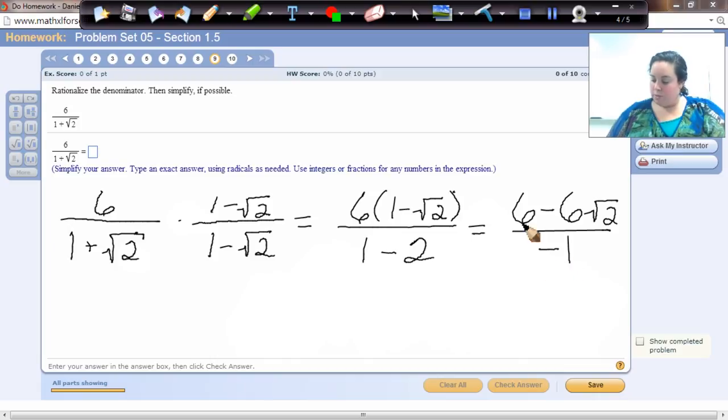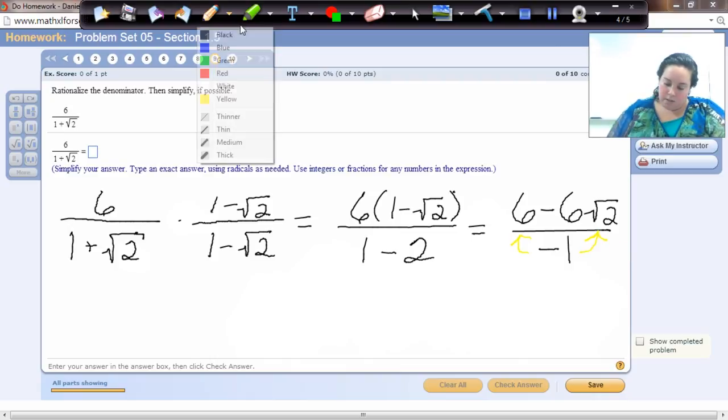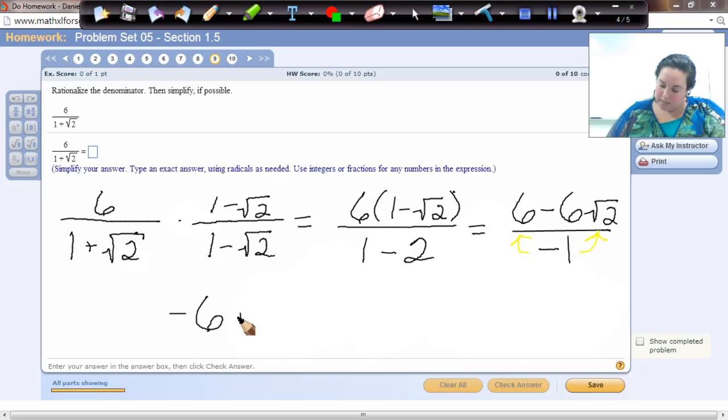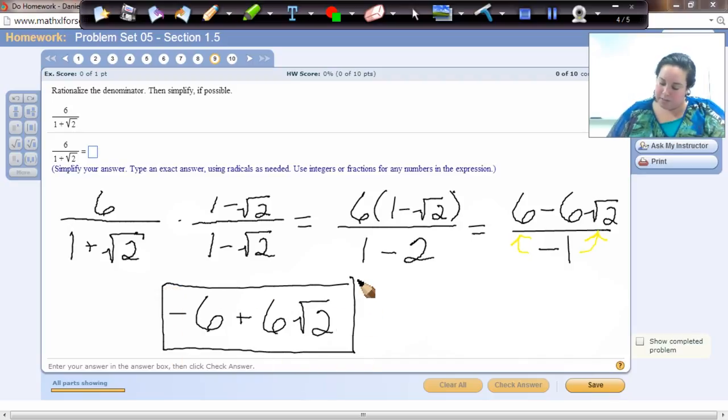We can distribute the negative 1 to both terms. So we will have negative 6 plus 6 square root of 2. Now, in this case, we didn't even end up with a denominator, much less a radical in the denominator.